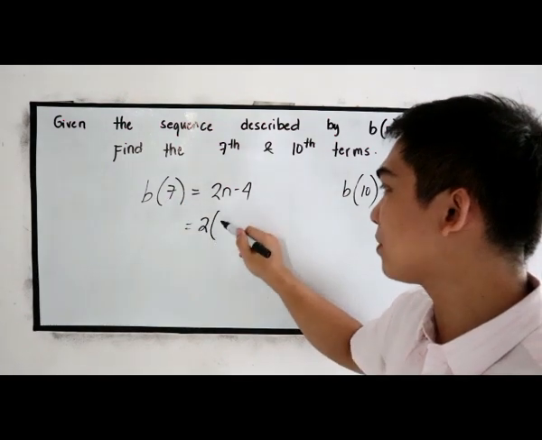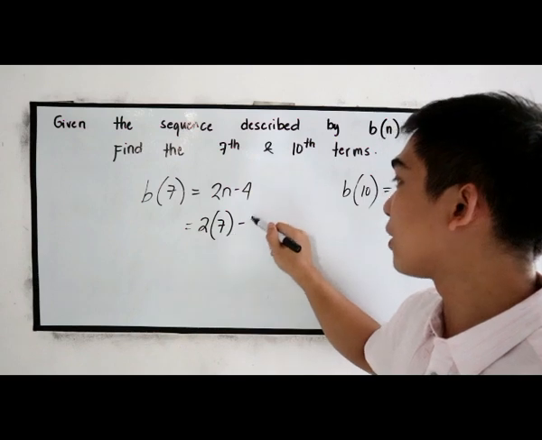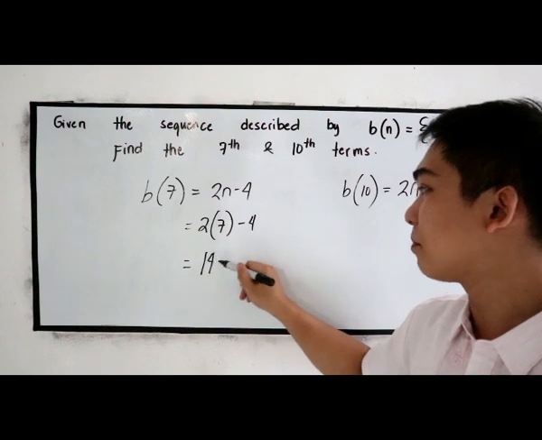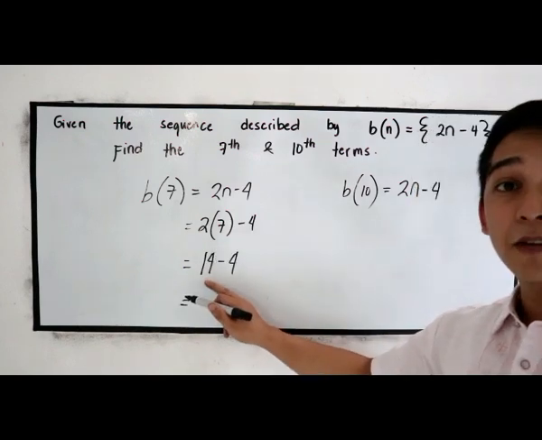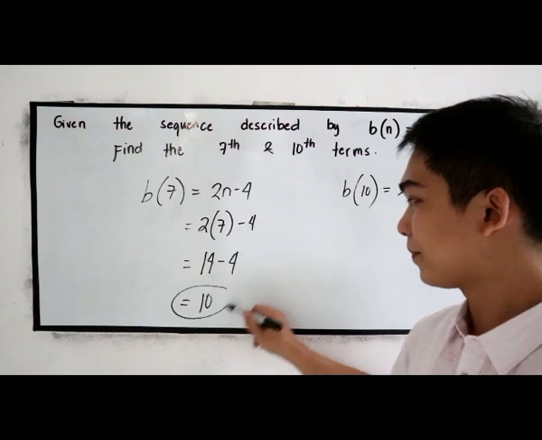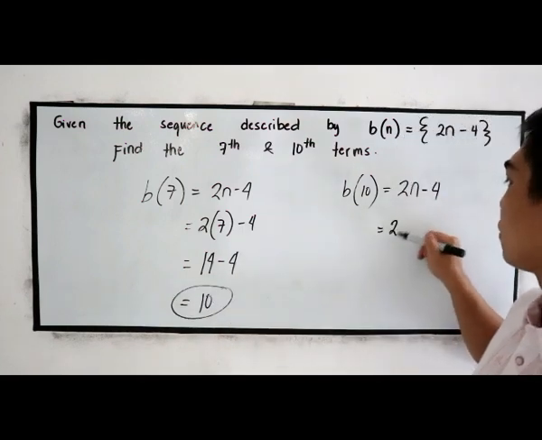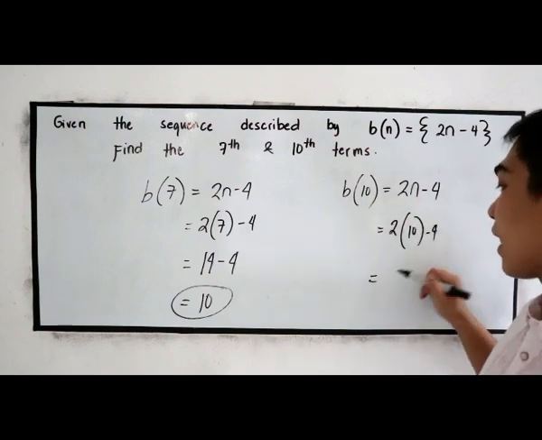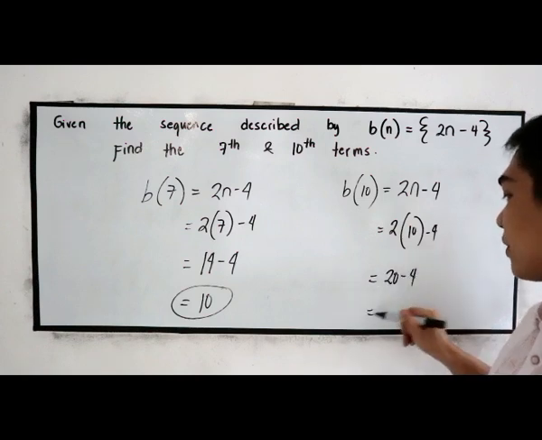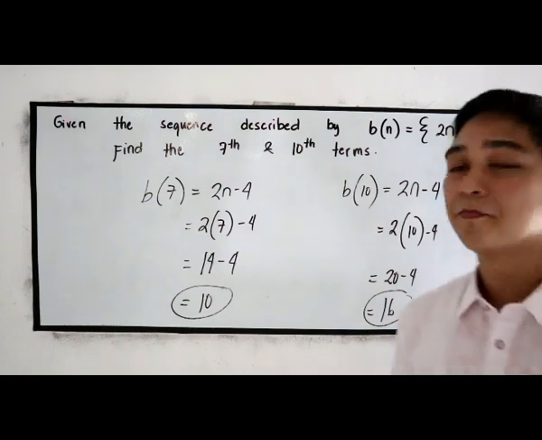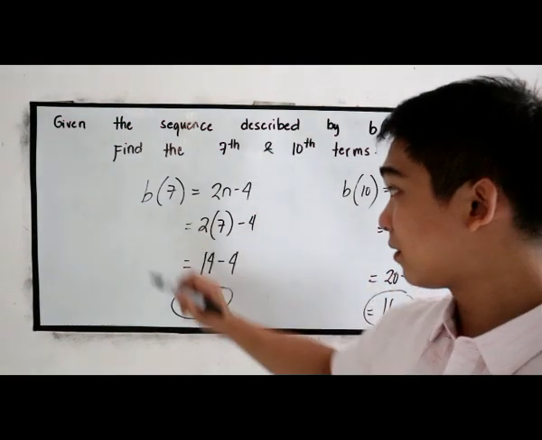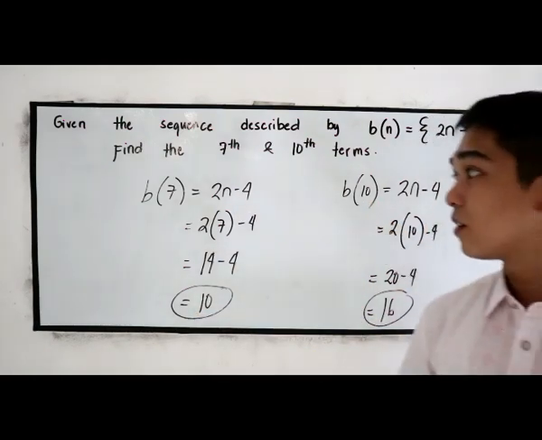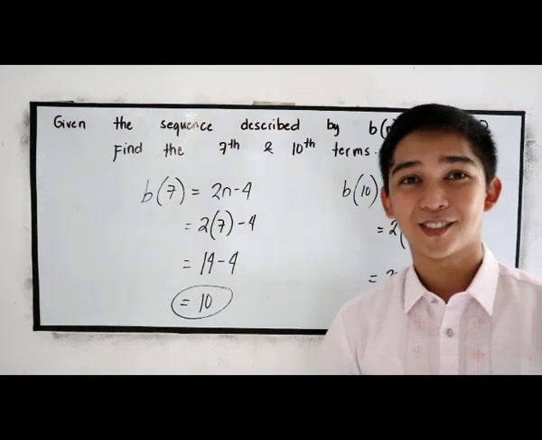So 2 times 7 minus 4. 2 times 7, that is 14, minus 4. And 14 minus 4 is 10. Next, 2 times 10 minus 4. 2 times 10, that is 20, minus 4. And this is 16. So 10 will be our 7th term, and 16 will be our 10th term.